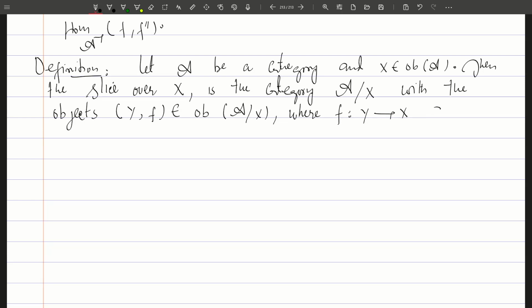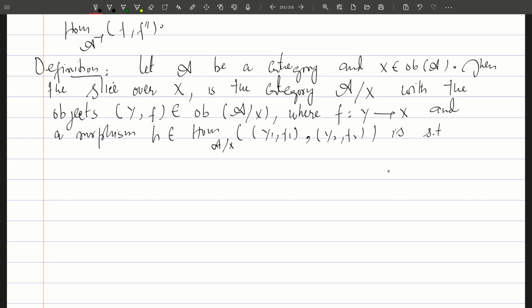And a morphism, say h, in this new category, which takes the object (y1, f1) to the object (y2, f2), is such that the diagram commutes.